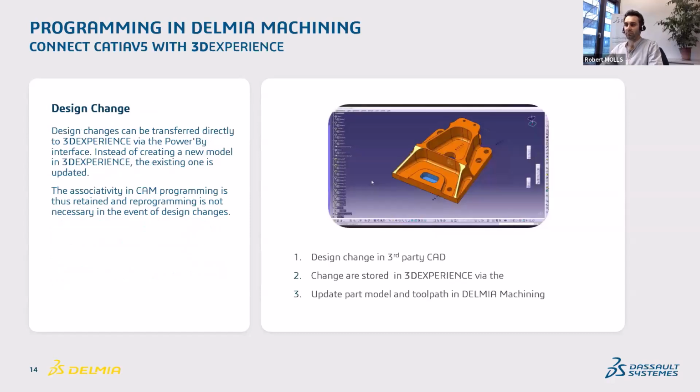So having that data available as if it were native data gives us a great advantage. So when design changes are coming, my CAM program can be updated to that change, and I don't have to make a new program just because something in the design was changed.